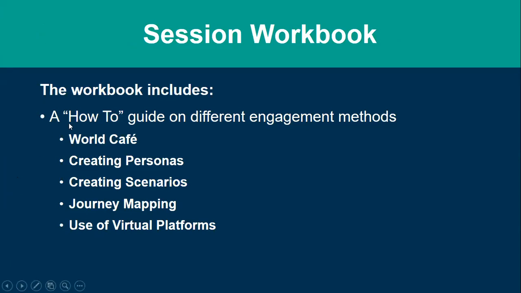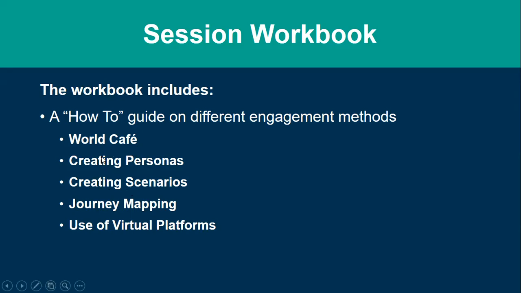Also, you've been emailed a workbook, and if you haven't received it yet, we can send it to you after the session because you don't need it during the session today. In the workbook, we unpack some more common types of engagement methods with some descriptions. The workbook covers World Cafe and the steps in doing a World Cafe, how to create personas to support your co-design activities, and how to create scenarios to support you when you're designing service improvements.